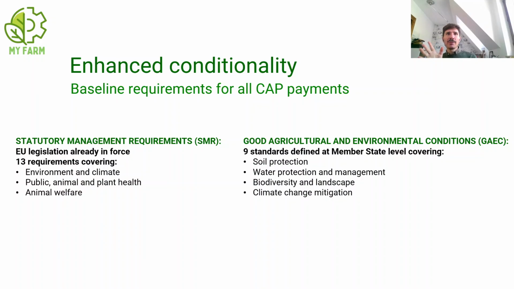The other block of the conditionality rules and standards that farmers must comply with are the good agricultural and environmental conditions. It is a set of 9 standards defined at member state level covering soil protection, water protection and management, biodiversity and landscape, climate change mitigation.